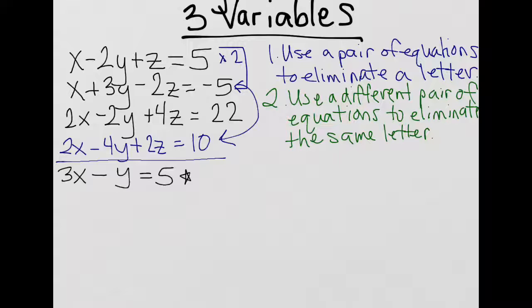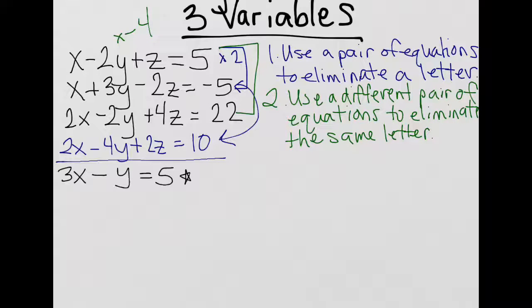Alright, so this time we need to eliminate z again. This time let's use the first and last equation. And I'm going to multiply the first one by, looks like -4 will do the trick.